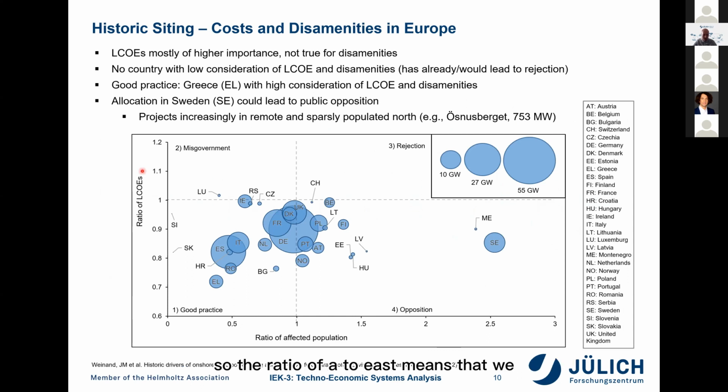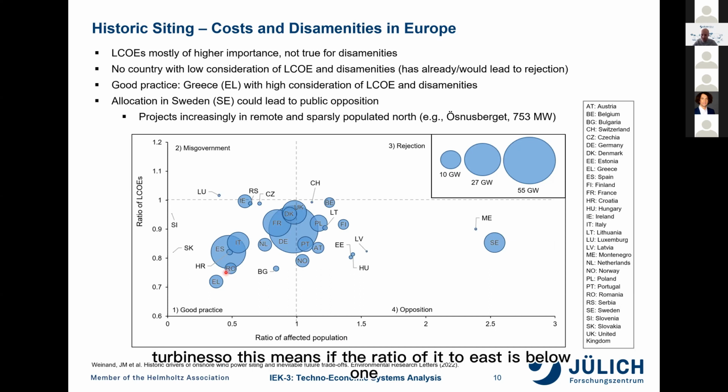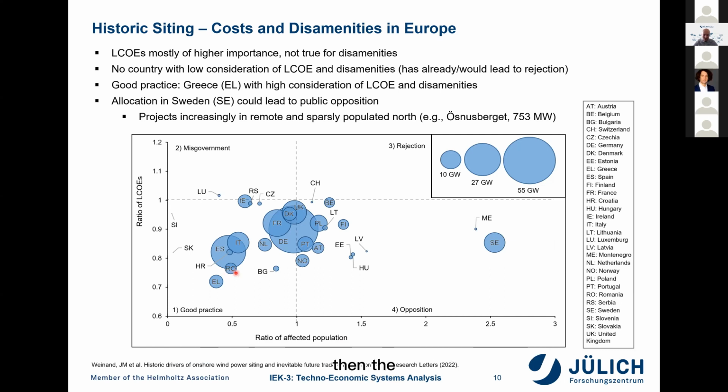So the ratio of LCOEs means that for every country, we had the mean LCOEs of the existing turbines, and then divided the mean LCOEs of the existing turbines by the mean LCOEs of all potentially possible turbines. So this means if the ratio of LCOEs is below 1, then the planners have taken LCOEs especially into account because they are lower than they would be on average for the whole country.